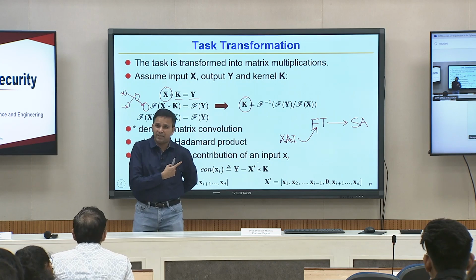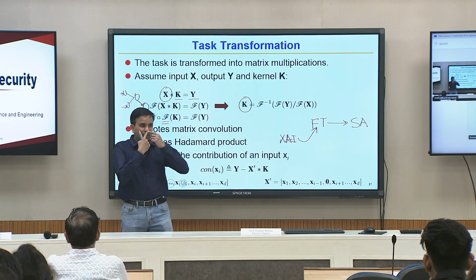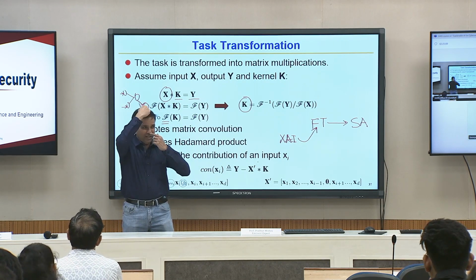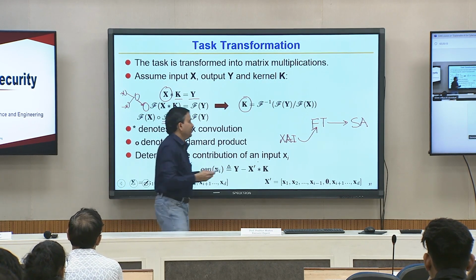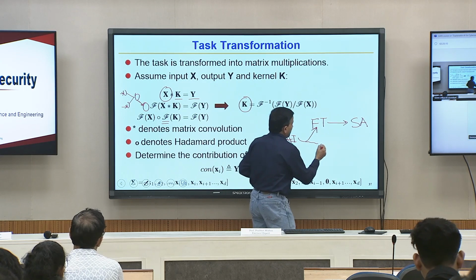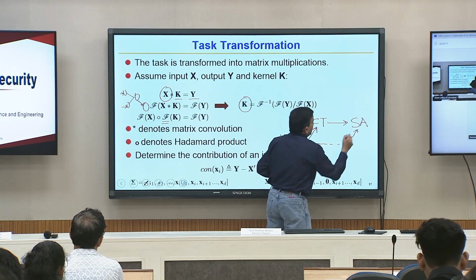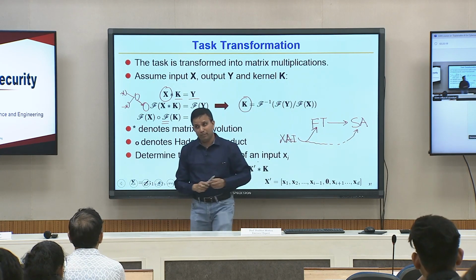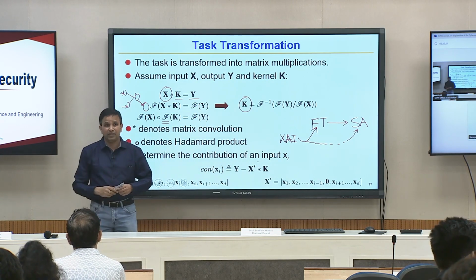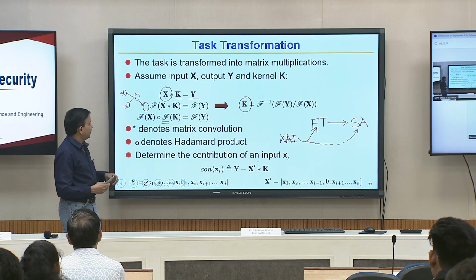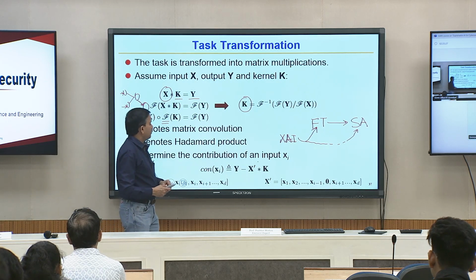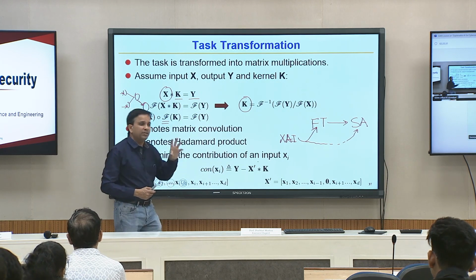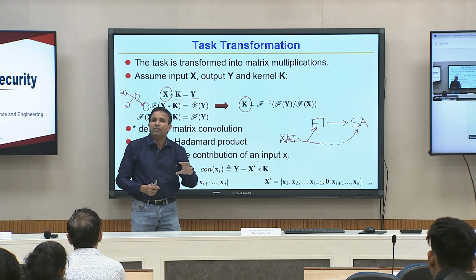Now, as you can realize, I wanted to go from nose to the eye, but I actually went to the head, then to the ear, then came to the eye. If any of you could find a natural mathematical way of mapping this, that would be a much faster and better acceleration. That is an opportunity for you to do research. But nonetheless, this is the mathematical transformation, a convolution operation. This is the task transformation: our original computation was something else, but we are transforming it.